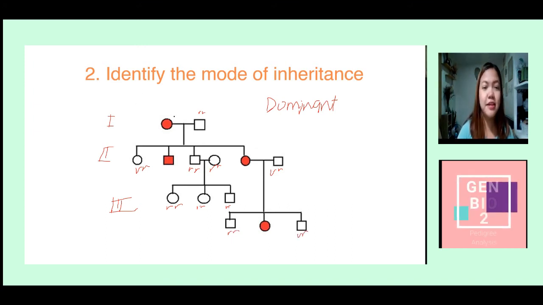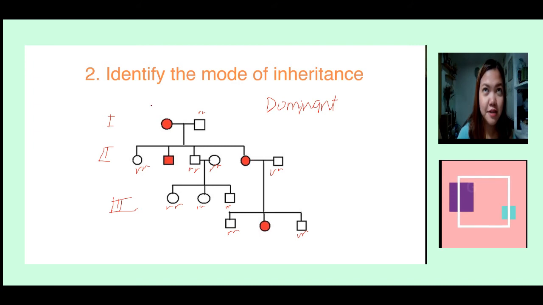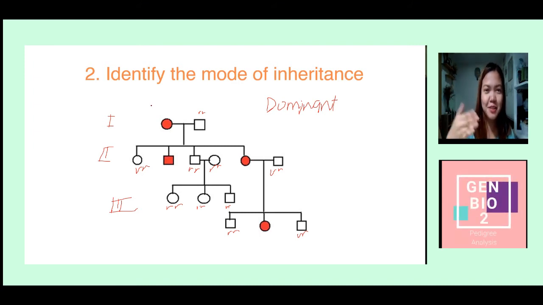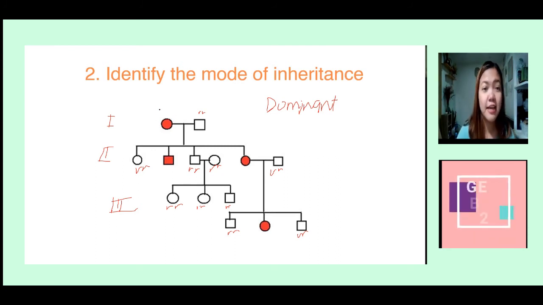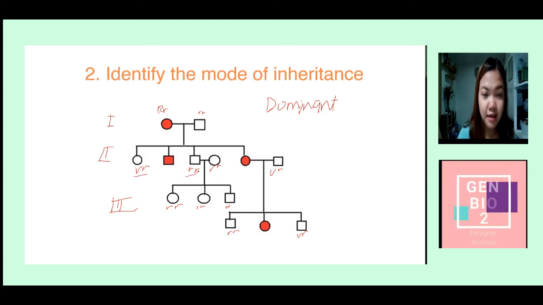Okay, so now pwede na natin malaman kung homozygous dominant or recessive, or kung homozygous ba siya or hetero. So, the answer for this is hetero. Bakit hetero? Kasi meron kang anak na unaffected eh.